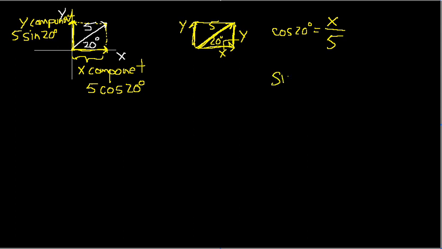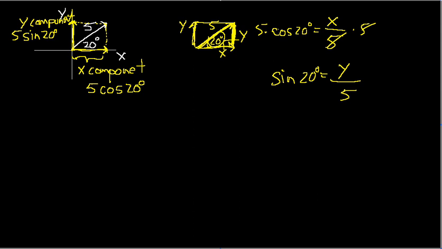The sine of 20 degrees is going to be the opposite side, which is y, because here's 20 degrees, over the hypotenuse again, which is 5.